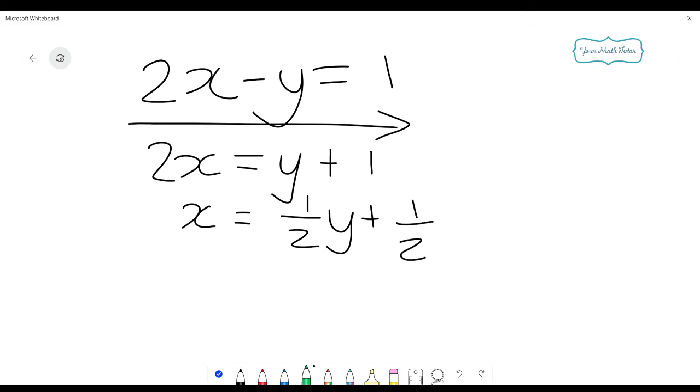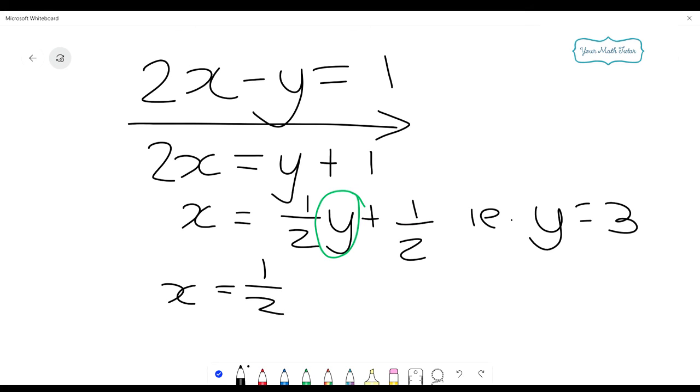Now in this case, we can put any values in the place of y in order for us to solve for x. Say, for example, we say y is equal to 3. So how we would solve it, we would say x is equal to a half times 3 plus a half.